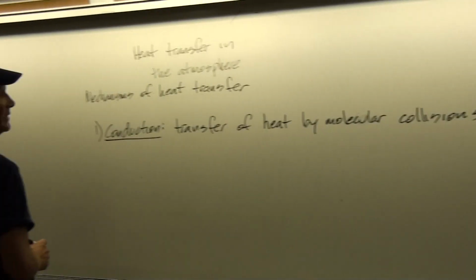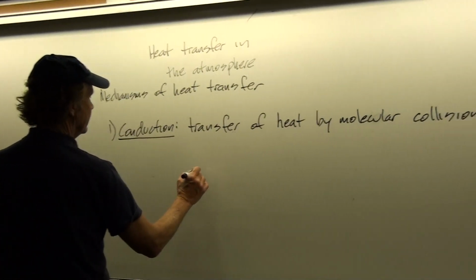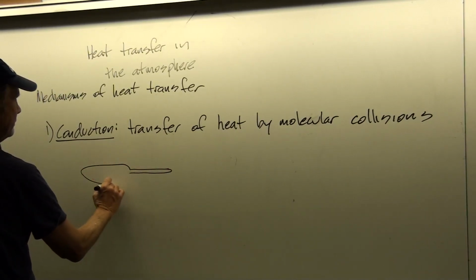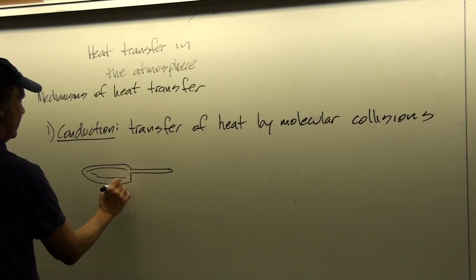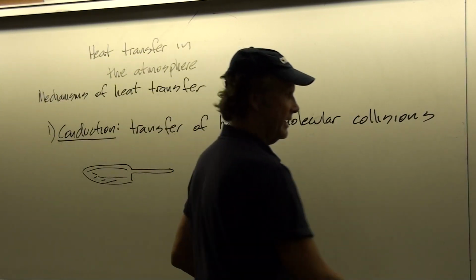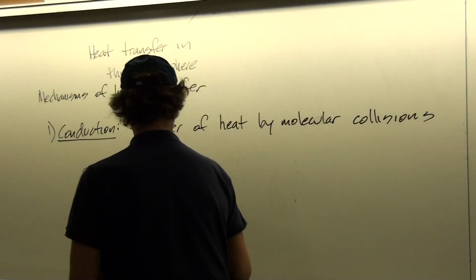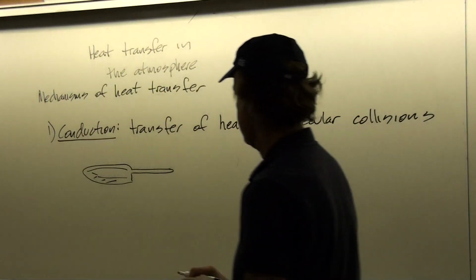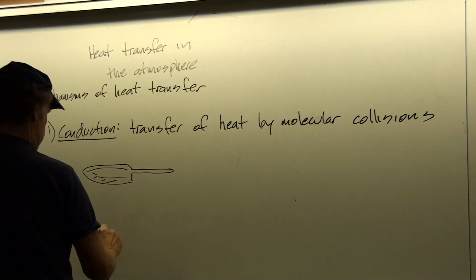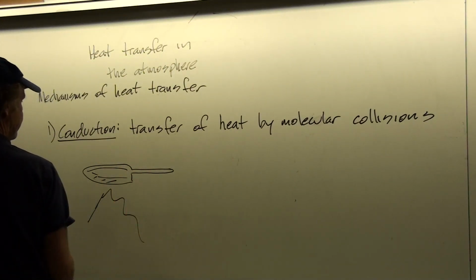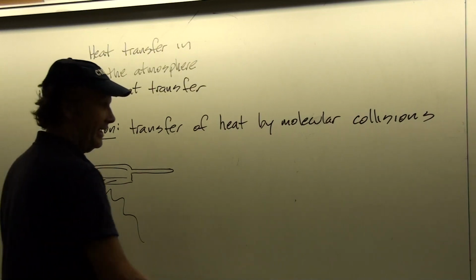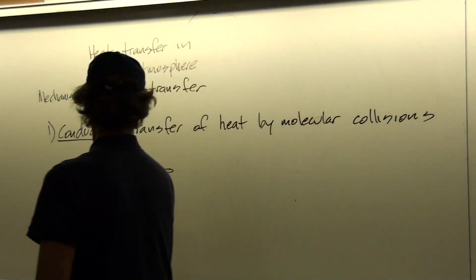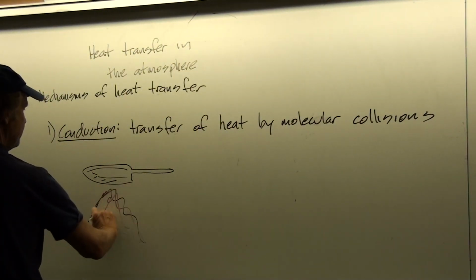And so we can think of that as being the transfer of heat by molecular collisions. So for this example, let's say we have a frying pan, and that frying pan is set to have some kind of a fire down beneath it, and so that the frying pan gets going at a much higher temperature.